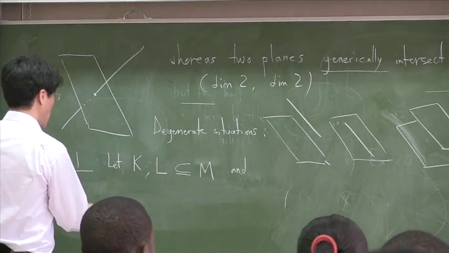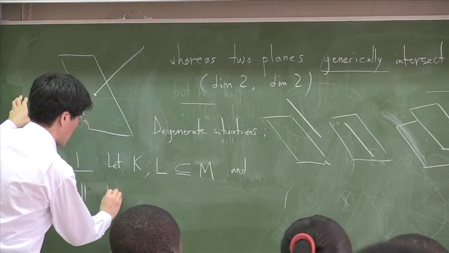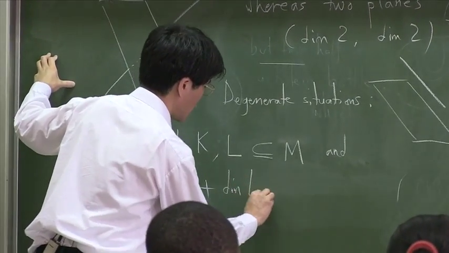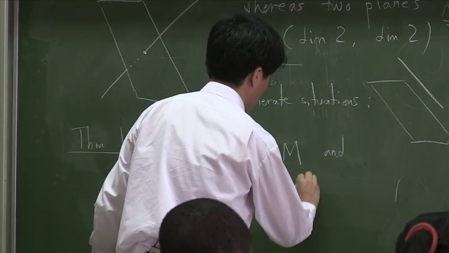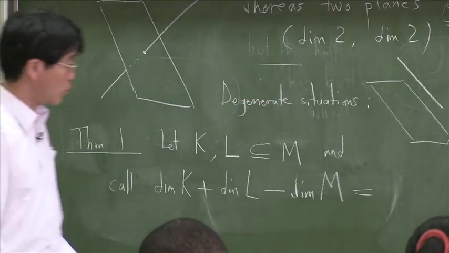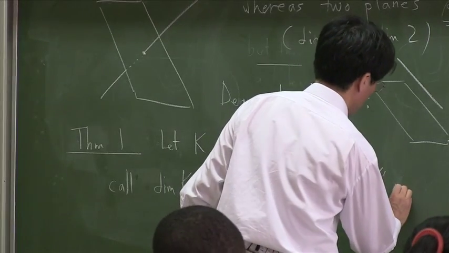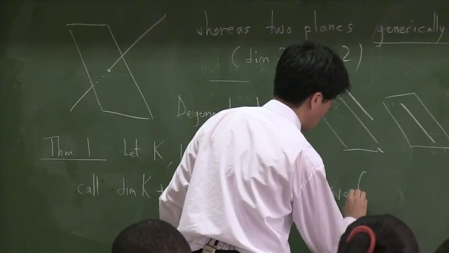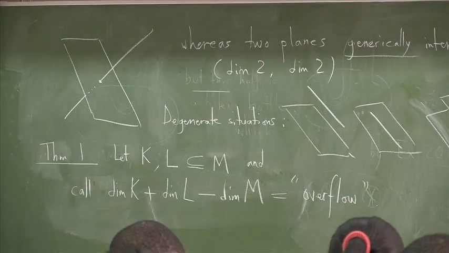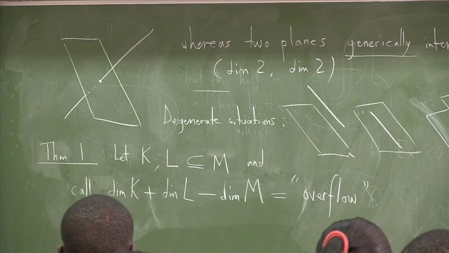And let us call this strange number, dimension of K plus dimension of L minus the dimension of M, which can be positive, negative, or 0, the overflow. We'll see in a moment why it's called the overflow. This term is not standard. I invented this term, and we shall use it in this course.